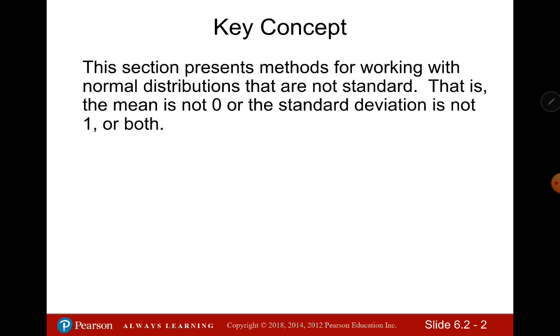So here we are working on the normal distribution, not the standard one, which means the mean is not 0 or the standard deviation is not 1.